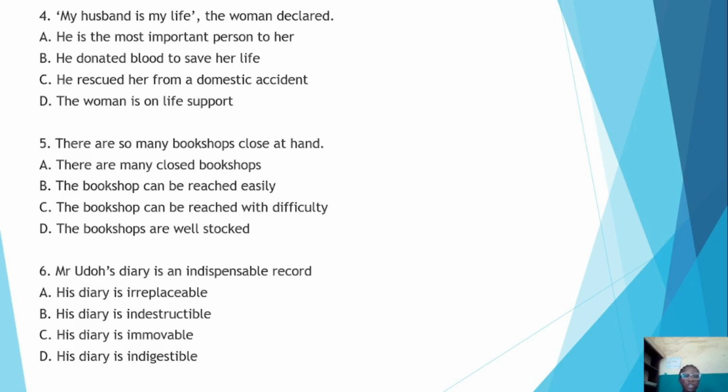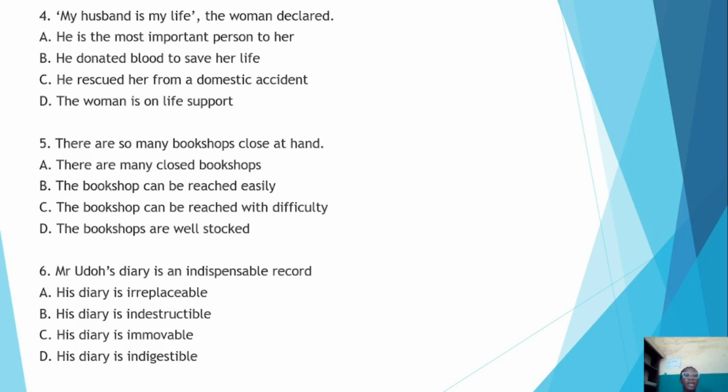No. Or that he rescued her from a domestic accident. No, we were not given that detail, and we are only dealing with what we've been given. So saying that someone is your life is referring to how important the person is to you. Of course, your life is very important to you. And so the correct option is option A. Her husband is the most important person to her.